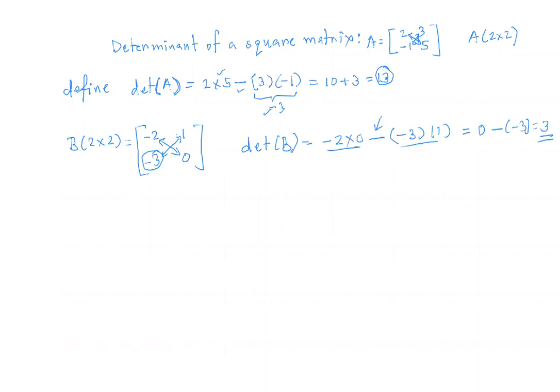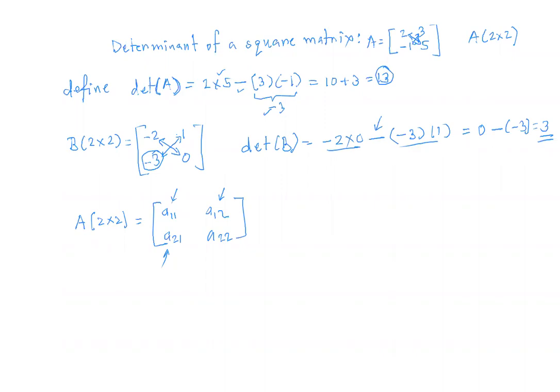Now let me generalize the concept. If you have a 2 by 2 matrix A with elements A1,1 and A1,2, that means the row 1, column 1 item and the row 1, column 2 item. A2,1 means row 2, column 1, and A2,2 means row 2, column 2.